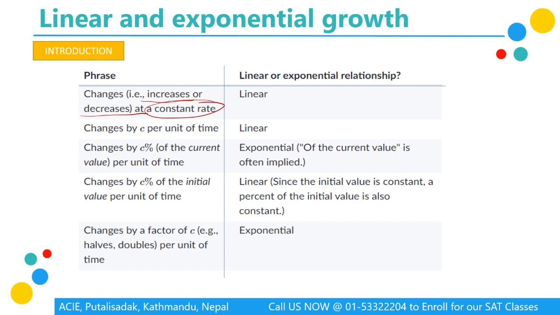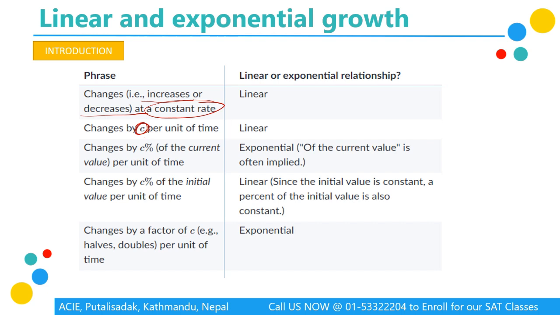If we're using the exponential growth formula, then every day a certain percentage is being added, so the next day we cannot use the original value. That's why only in linear does it increase by a constant number. Changes by c per unit of time. Again, changes by c, the number c is not increasing.